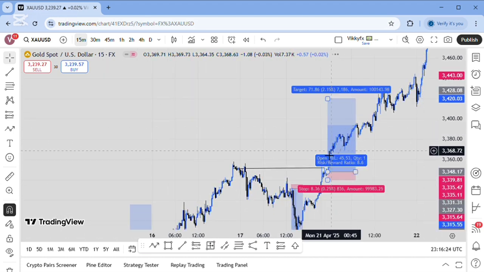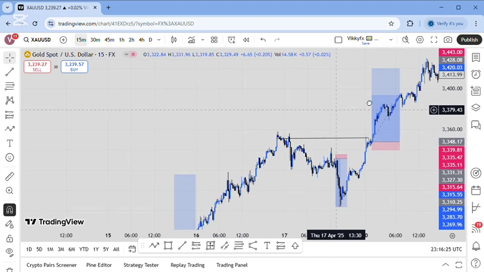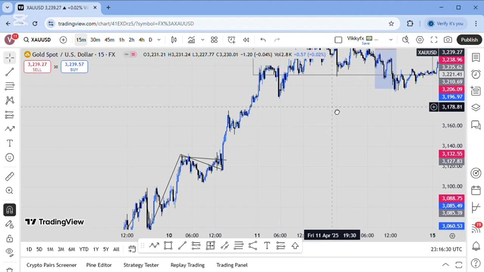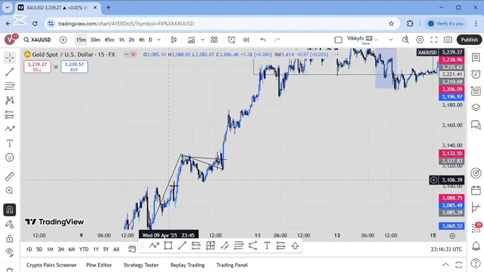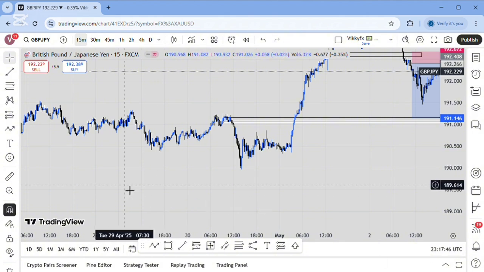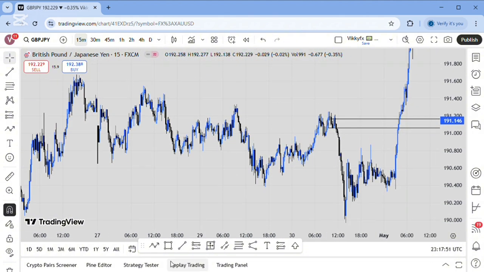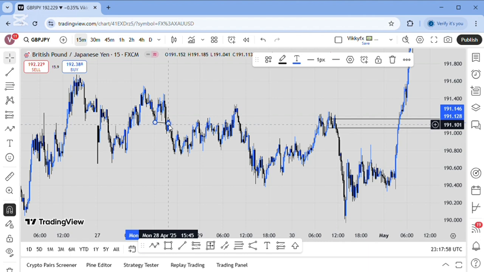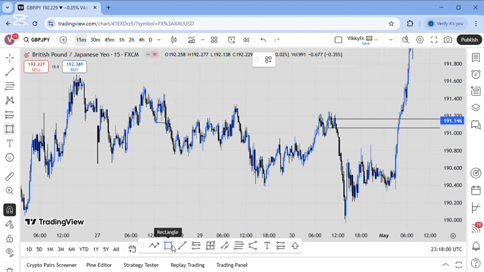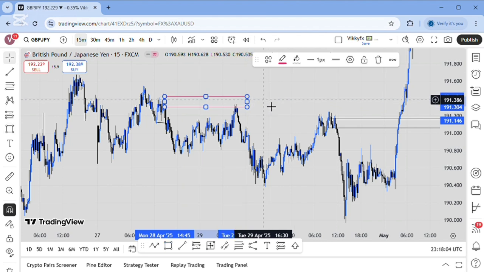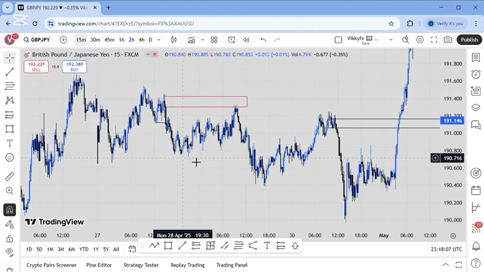I'm trying to look for more examples on the charts so you guys can understand better. Something like this. This is a break of structure to the downside. So let's mark out our supply zone, which is the last buy candle before a sell candle, and observe what happened here.